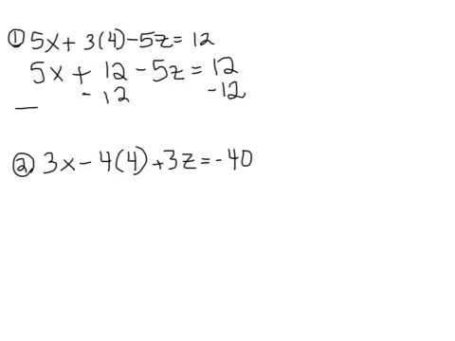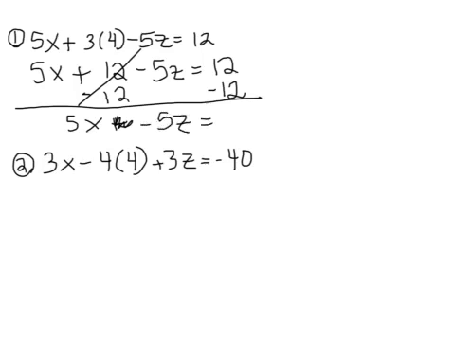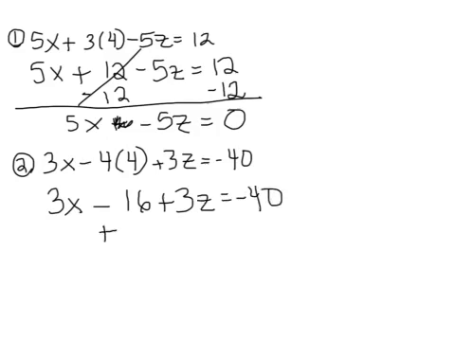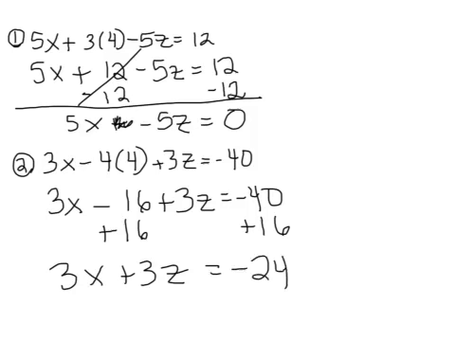And that will give me 5x minus 5z equals 0. And then in the second equation, 3x minus 16 plus 3z equals -40. So this time let's add 16 to both sides so that we get 3x plus 3z equals -24.